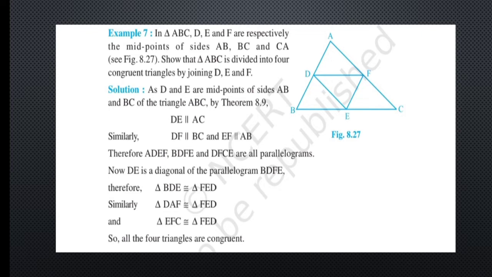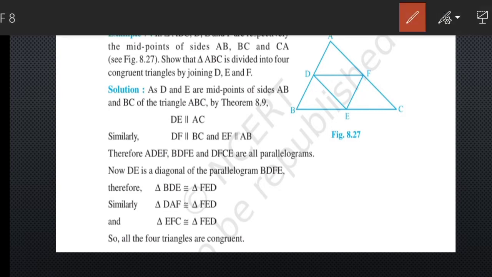Show that the triangle ABC is divided into four congruent triangles by joining D, E and F. That means we have to show that BDE is congruent to EDF, DAF is congruent to EFD, and CEF is also congruent to the middle triangle EFD.